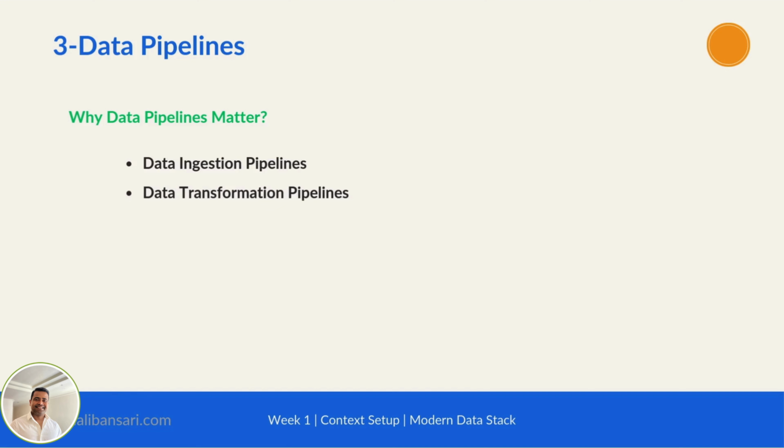Data transformation pipelines process the raw data collected in the ingestion stage, converting it into a usable format for analysis or reporting. This could include cleaning, filtering, aggregating, and enriching the data.